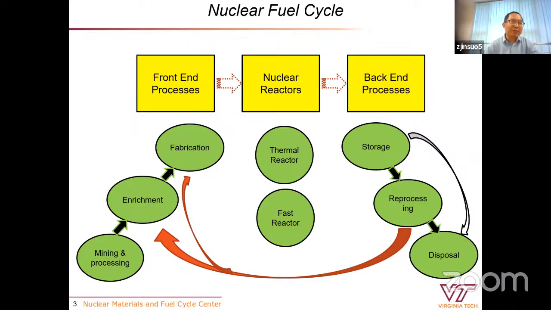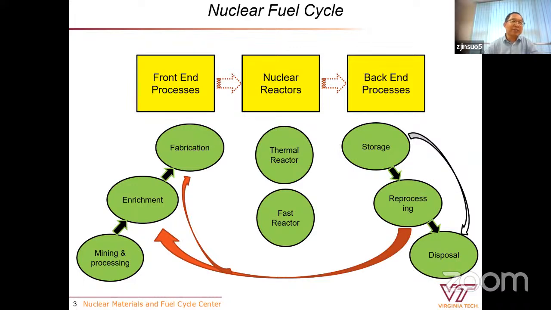In this seminar, we will discuss reprocessing as well. After you reprocess, you get uranium that goes to enrichment. You get plutonium that may not need enrichment and goes to fabrication directly.